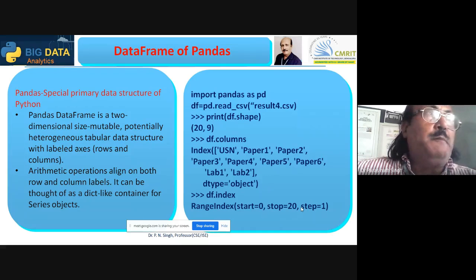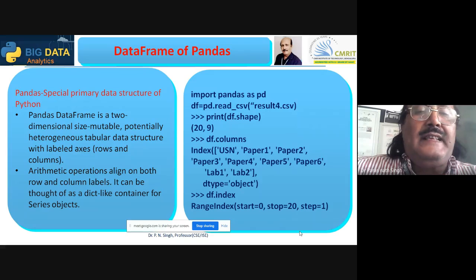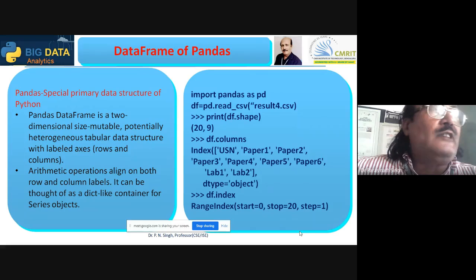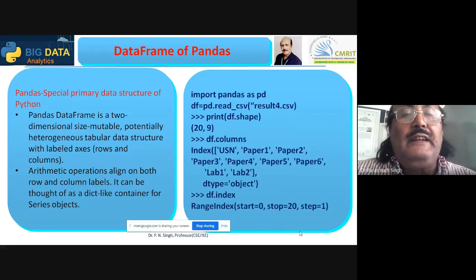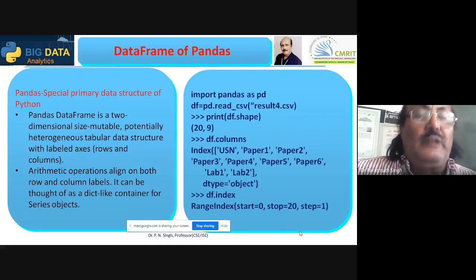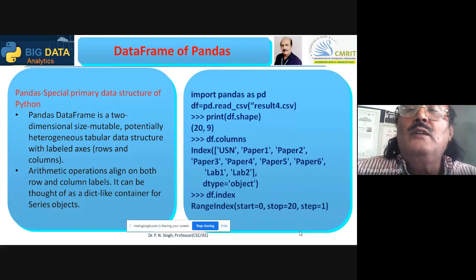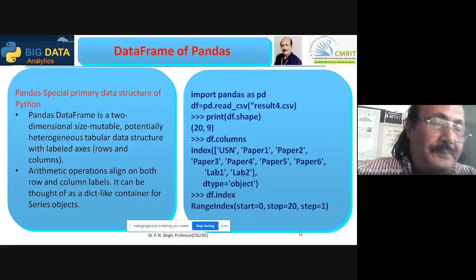When it displays all the records, the first record index is 0 and the last one is 19. 20 is always the stop range in Python, so the last one is one less than that. And the step is 1. So we can say 20 data records are there, 0 to 19, stepping 1: 0, 1, 2, 3, 4, 5, like that. We'll move to the next slide.